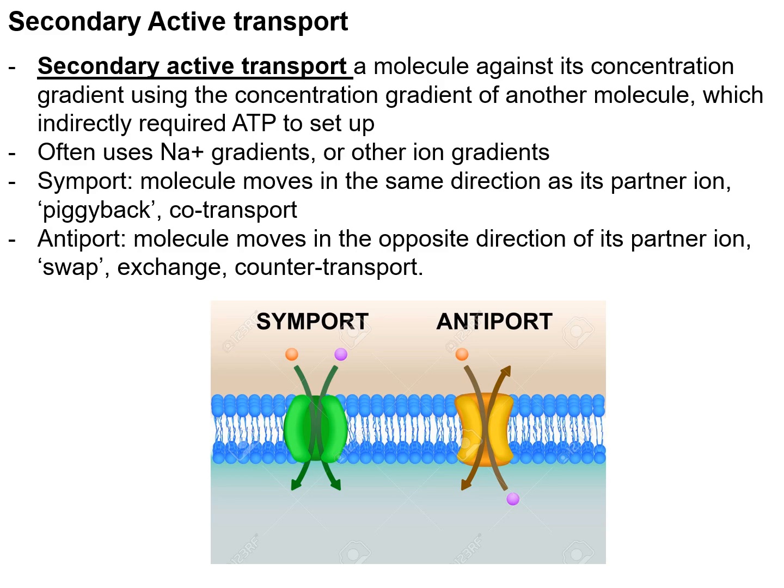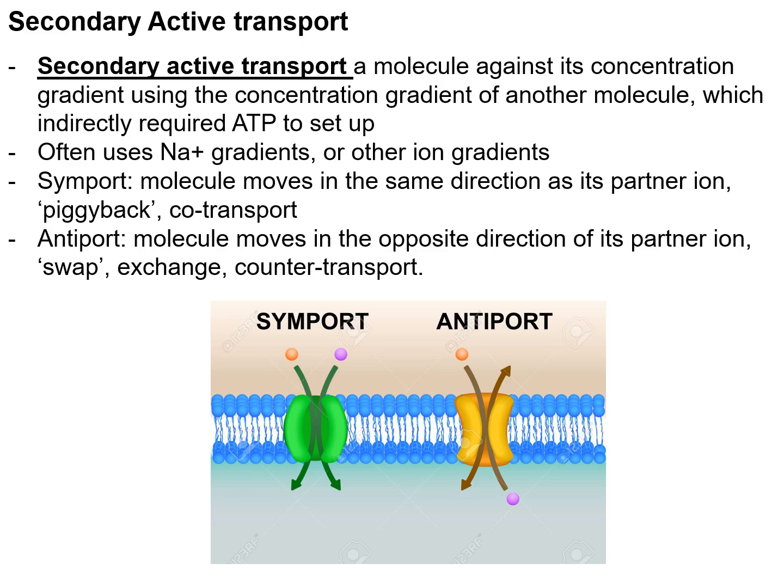When sodium comes back inside, it will bring other molecules with it. Such a carrier protein brings sodium from the area of high concentration to the area of low concentration, using the gradient established from the primary active transport, and brings other molecules against their concentration gradient, from the area of low concentration to the area of high concentration.